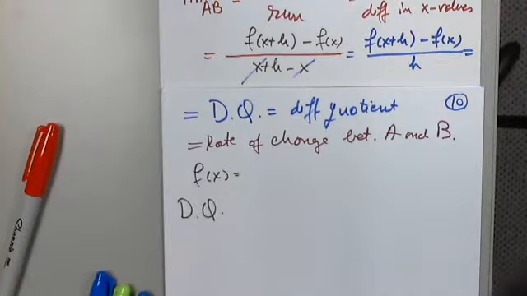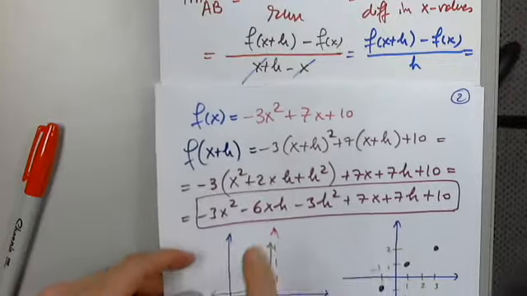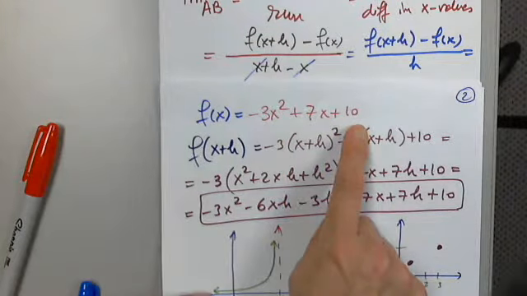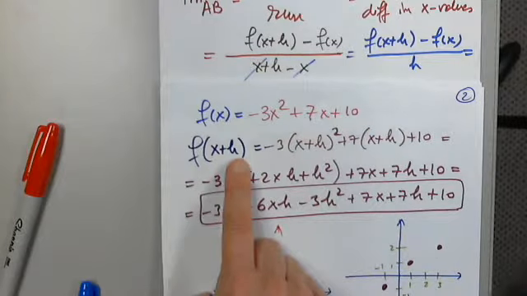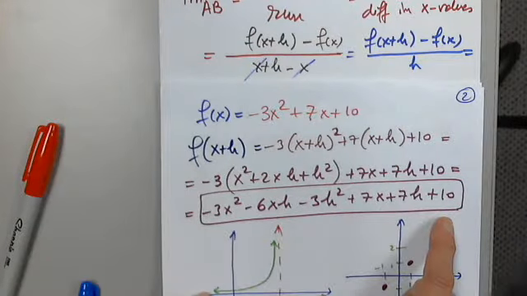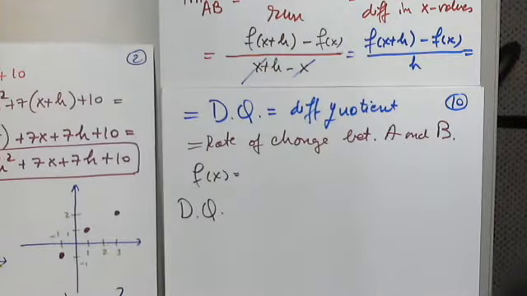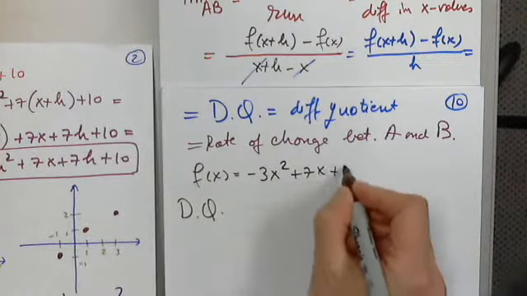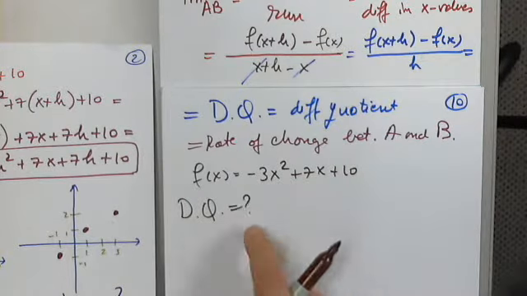Because I don't want to hold you over, I'd like to come back to the function that we looked at at the beginning of the class. This is the function, and this is f of x plus h, because we already calculated it. So let me copy negative 3x squared plus 7x plus 10. This is what we are trying to find.